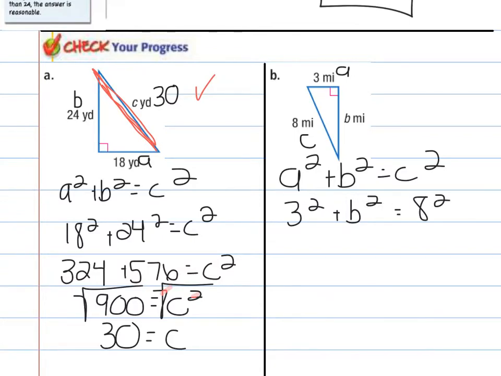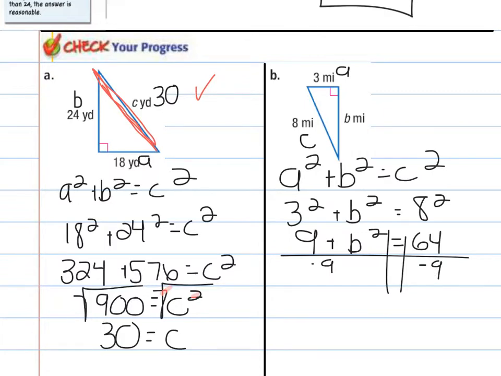Evaluating both of those exponents, I get 9 plus b squared equals 64. Reverse PEMDASing using my train tracks to get b squared by itself, I'm going to subtract 9 from both sides. And I will be left with b squared equals 55.